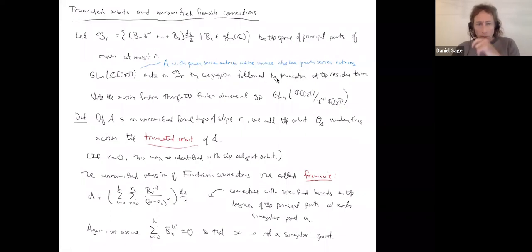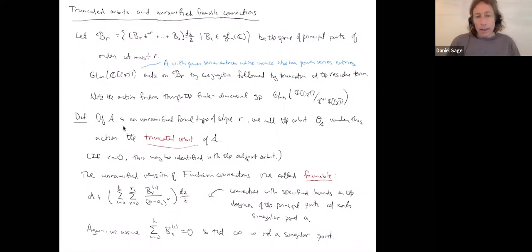And for those of you who are worried about some infinite dimensional group acting, well, this group factors through GLN of this quotient ring, where things higher than z to the r plus 1 only affect things higher than the residue term, which gets truncated away anyway. So we actually are working through a group which is finite dimensional over C. So it's not that weird.